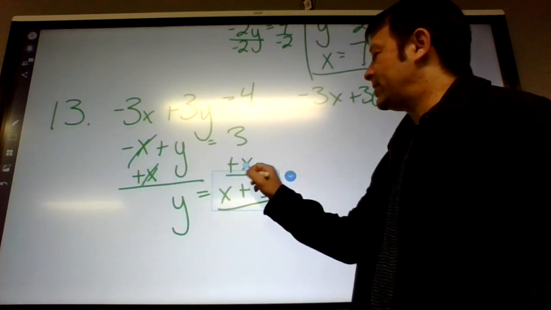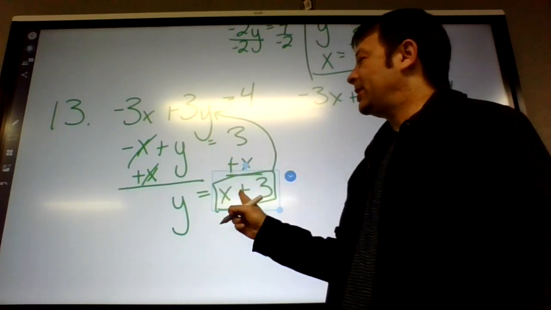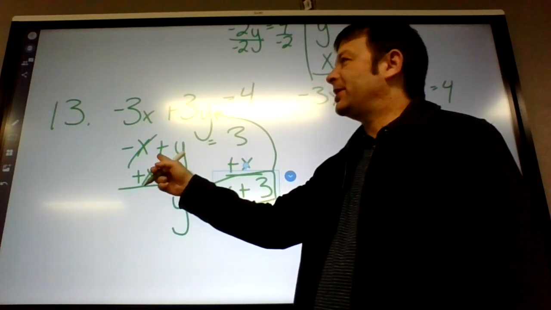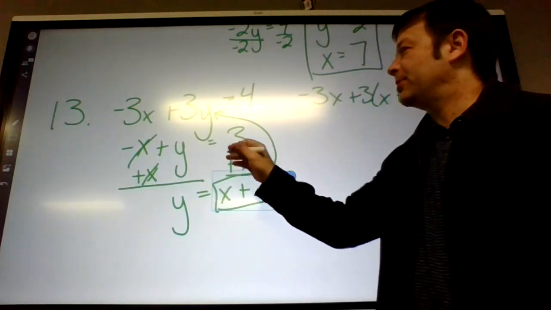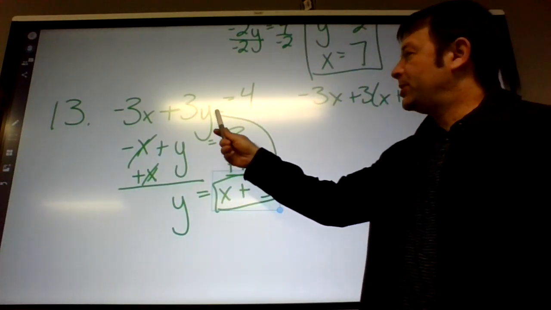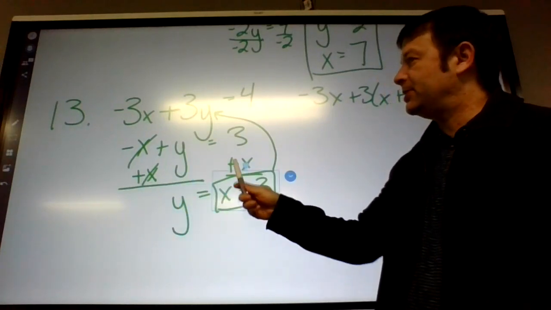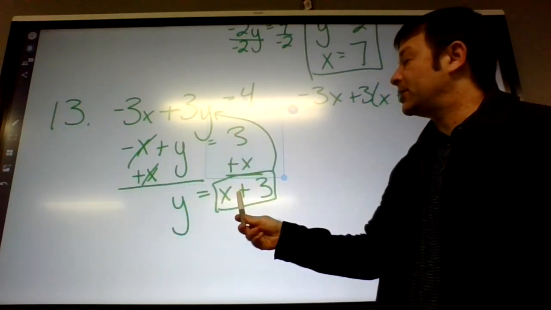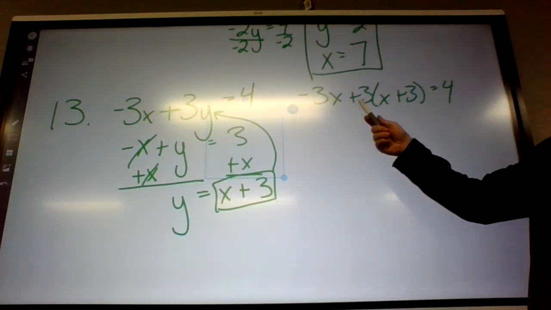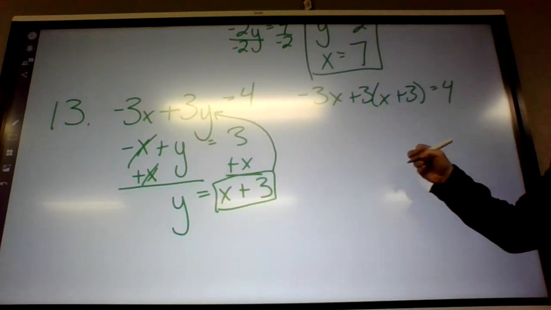So when we plug it back in, we need to plug it into the other equation, or else it'll just end up saying like 3 equals 3. It just won't work. It'll be a weird mess. So we're plugging it into the first equation. Since y is equal to x plus 3, we're replacing this y with x plus 3. So the new top equation is -3x plus 3 times x plus 3 equals 4.